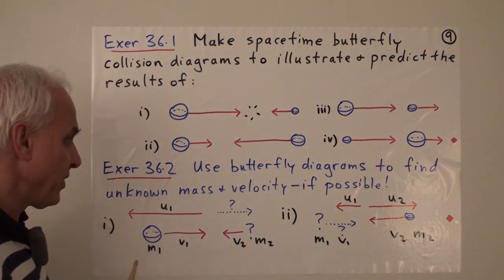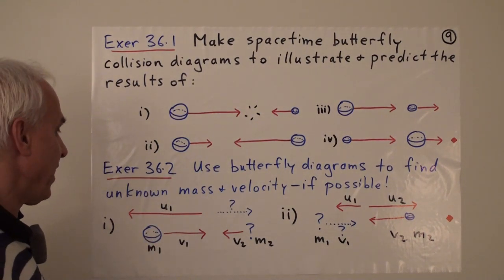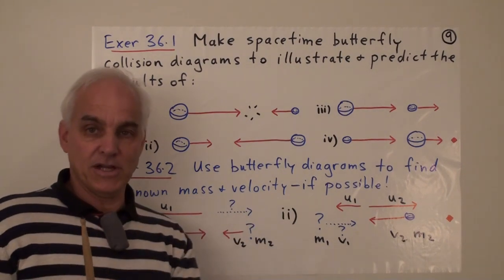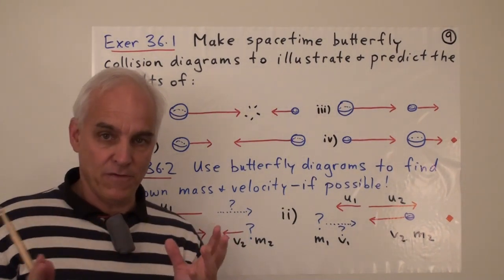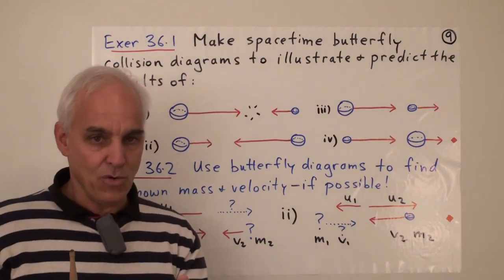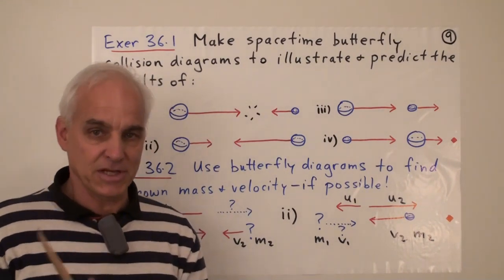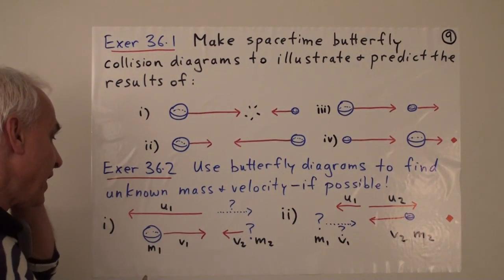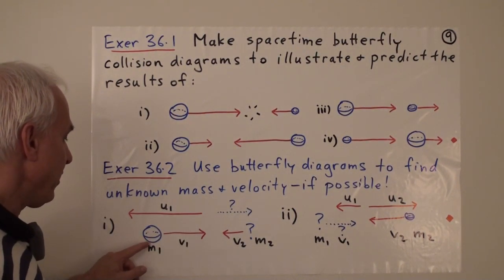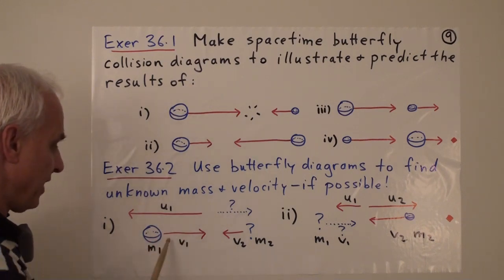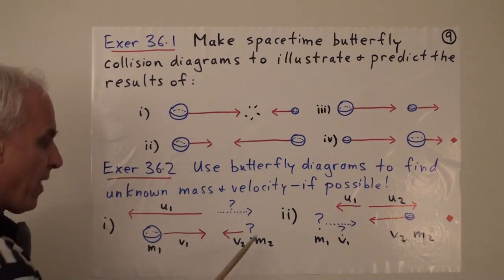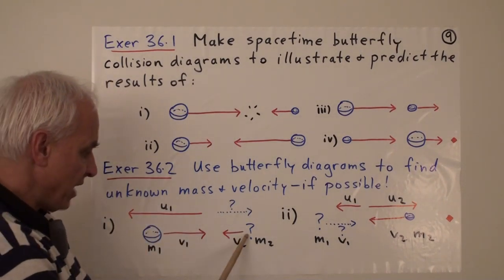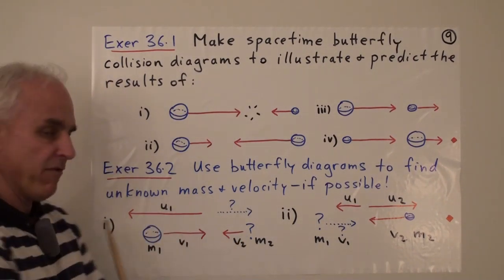In the next exercise, we can also try to use these butterfly diagrams to find unknown masses and velocities, not necessarily the final two velocities, but we might have other pieces of the puzzle and want to know what this initial mass or this initial velocity is, and so on. So for example here, suppose we have a mass m1 with a velocity given by the size of that vector, and then we have some unknown mass m2 with a velocity given by v2, which is roughly half of v1.